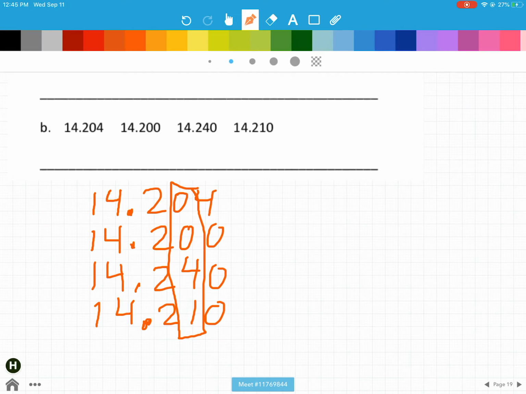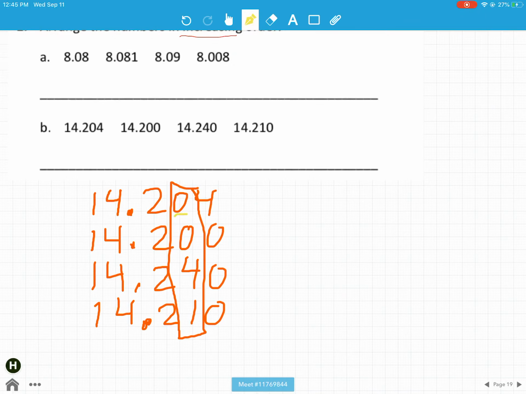We have a 0 and a 0. So what we're going to do is we're going to look at the next ones. And which one's less? The 0's less. So we're going to write this one first. Then this one second. Okay?